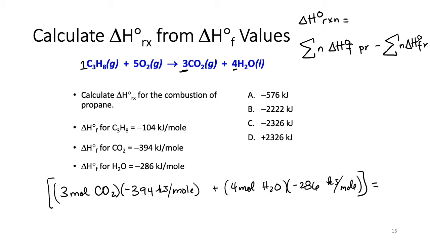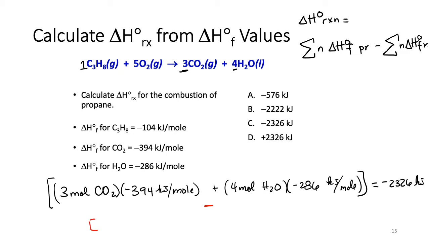I'm going to do that calculation really quickly so I can have that number: 3 times negative 394 plus 4 times negative 286 gives me negative 2326 kilojoules. From that, I need to take away the enthalpy of formation of my reactants.